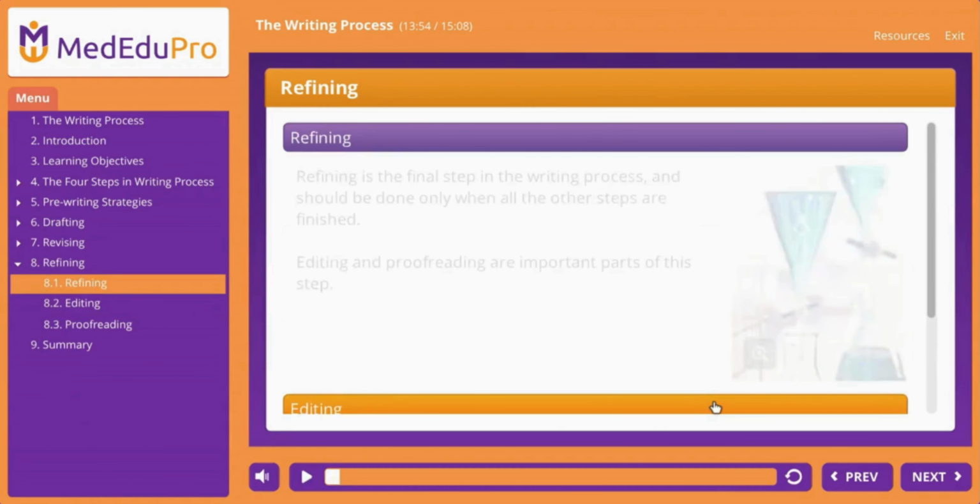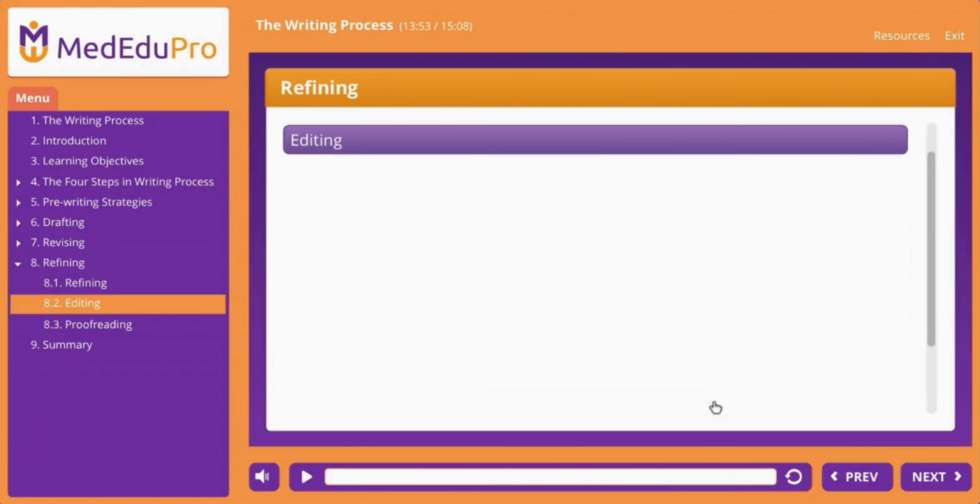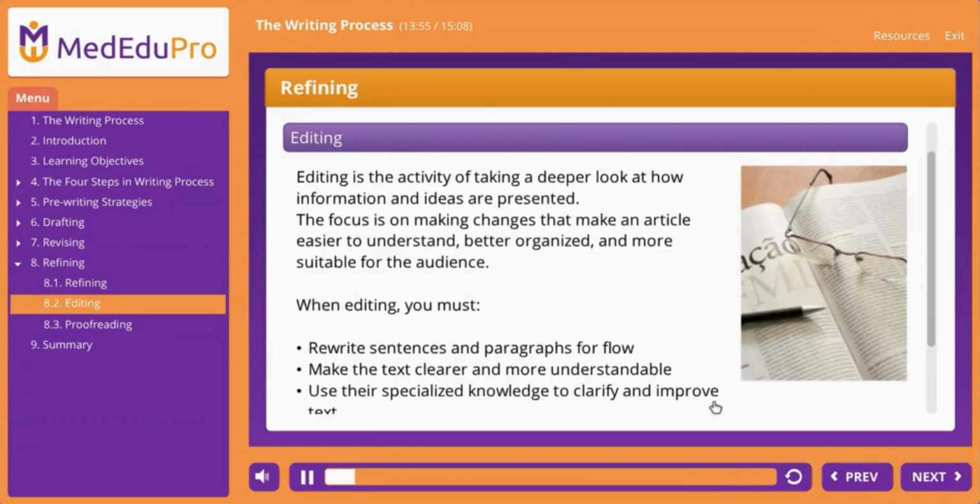Editing, refining, is the final step in the writing process, and should be done only when all the other steps are finished. Editing and proofreading are important parts of this step. Editing is the activity of taking a deeper look at how information and ideas are presented.